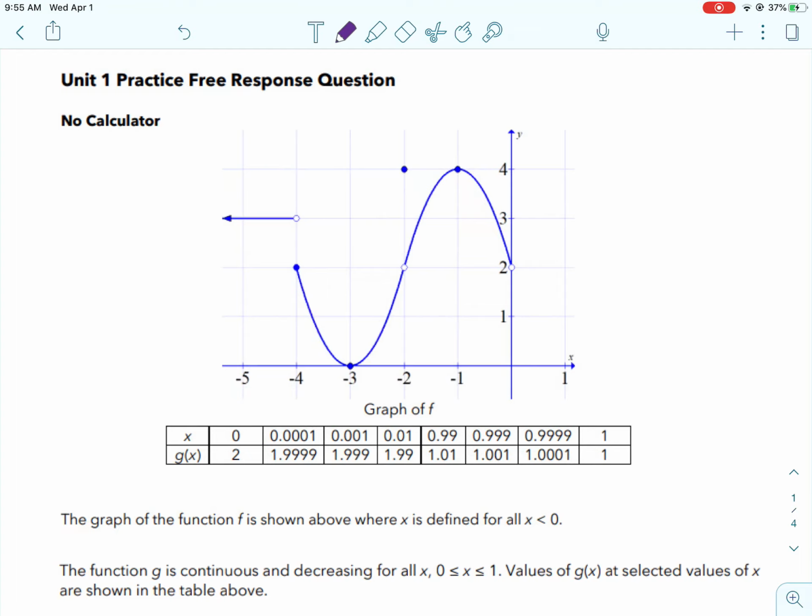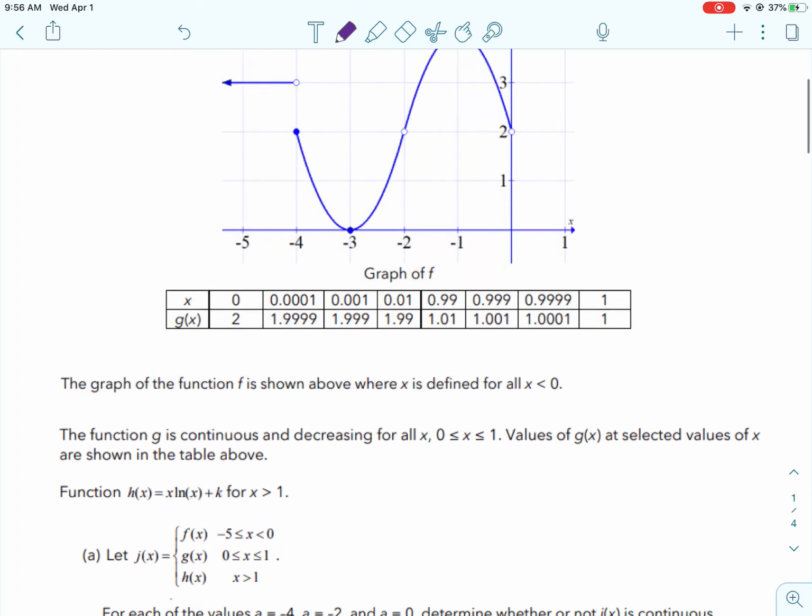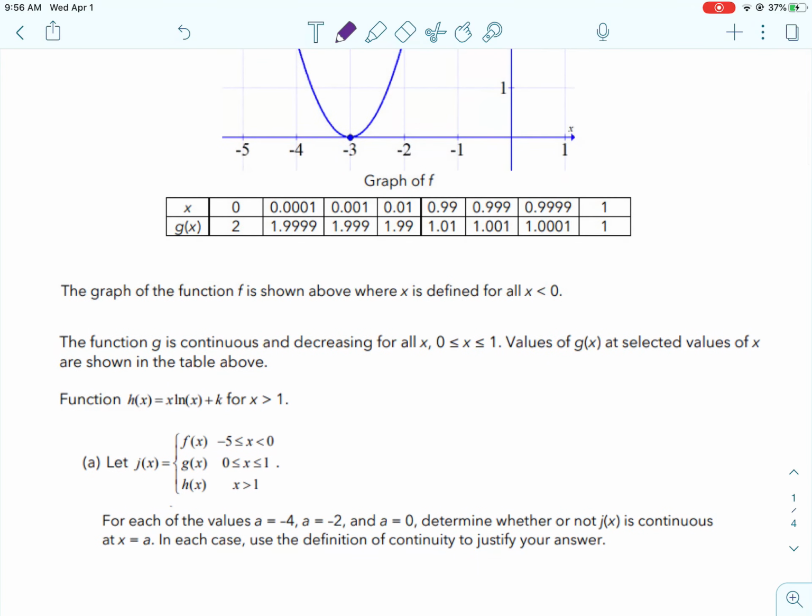Alright, so we're going to start the video solution for the first free response question from Unit 1. This is pretty typical of free response questions where there is a graphical representation of one function, a tabular representation of another function, and then an equation, or algebraic representation, of a third function.